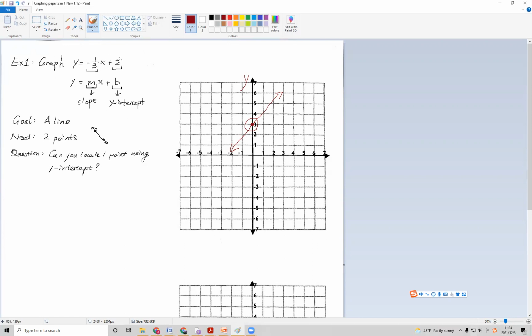In this question, the y-intercept is 2. So guess what? I need to find number 2 on the y-axis, because according to the definition, my y-intercept 2 must be where my line crosses the y-axis.